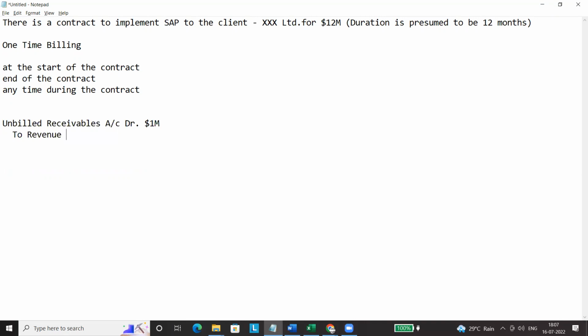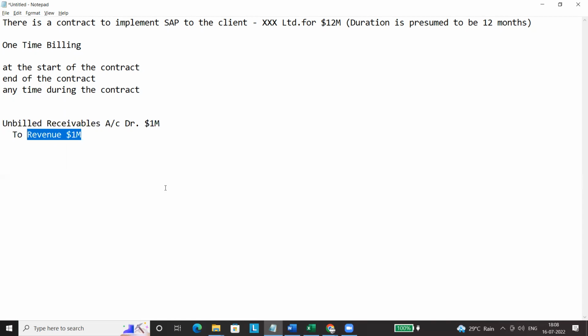Since our revenue is $1 million each month, we debit $1 million to unbilled receivables, and the credit will be our actual revenue account, as per ASC 606. The credit will then be $1 million. Every month you recognize the revenue by debiting unbilled receivables and crediting the revenue account.